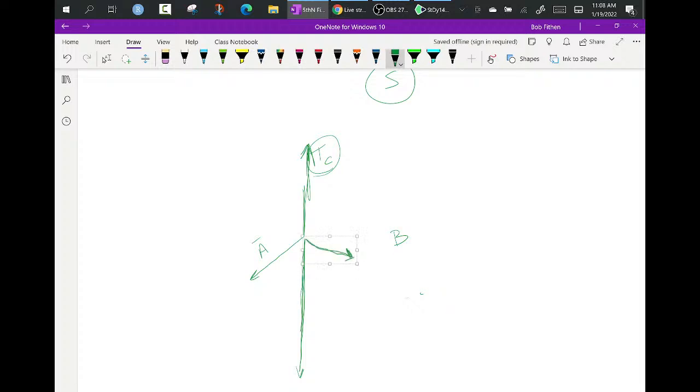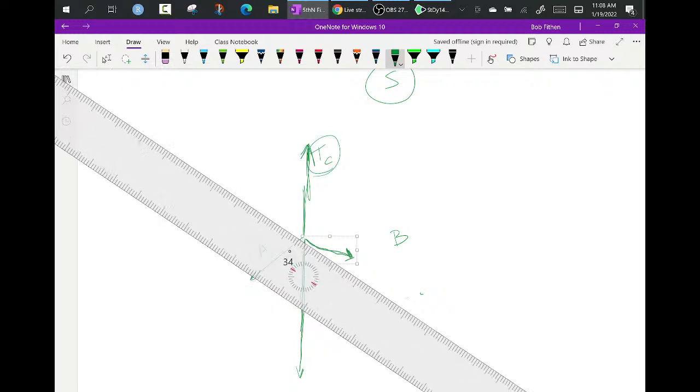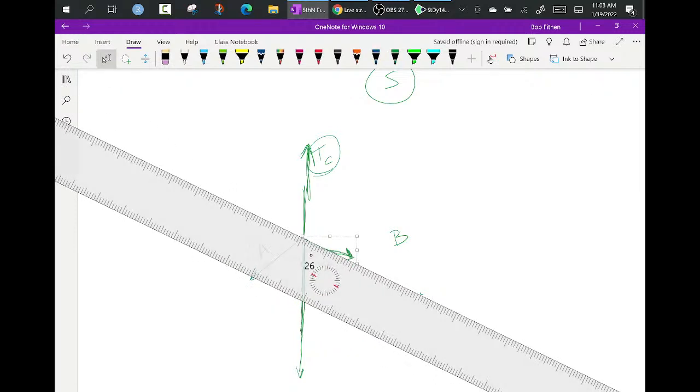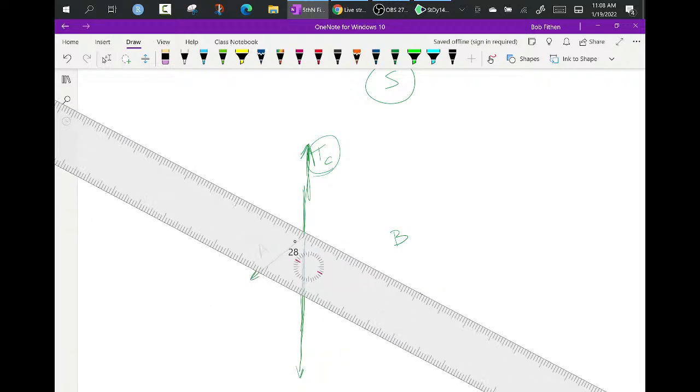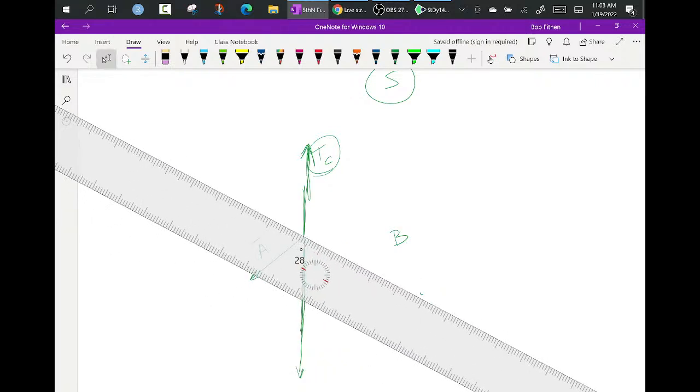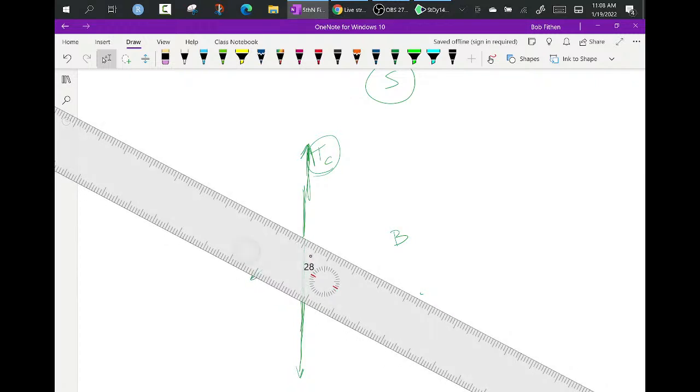Now let me try to do a little bit better job here. There was a ruler out here somewhere, ruler. If I want to be precise and make things look a little better, I can just draw, say it comes down at 28 degrees. Now I know that's what it comes down at. So let's just draw a straight line.